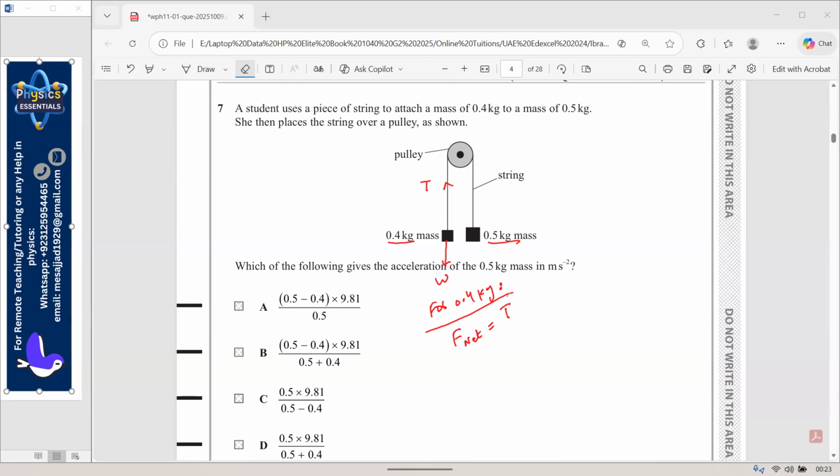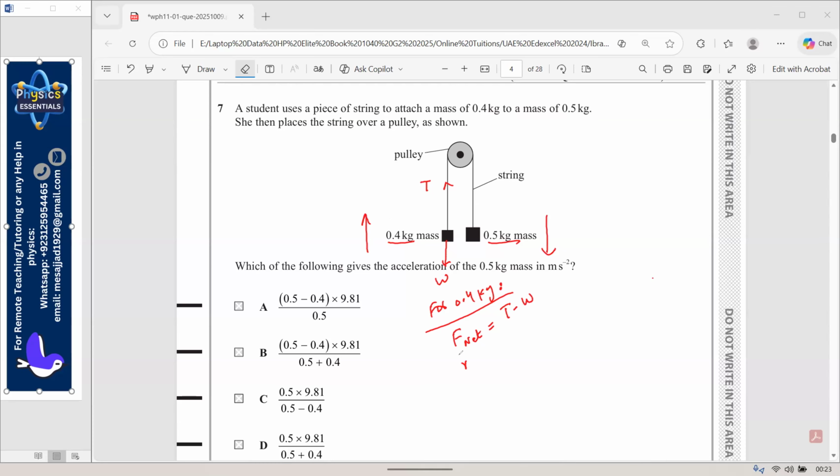Since 0.5 kg is more, 0.5 kg will move down, whereas 0.4 kg will move up. So the winning force has to be positive and the losing force, which is weight, has to be negative. It is always true for any scenario in physics.